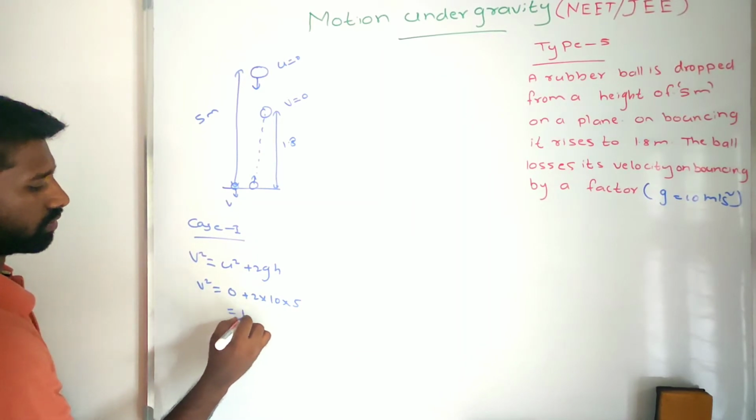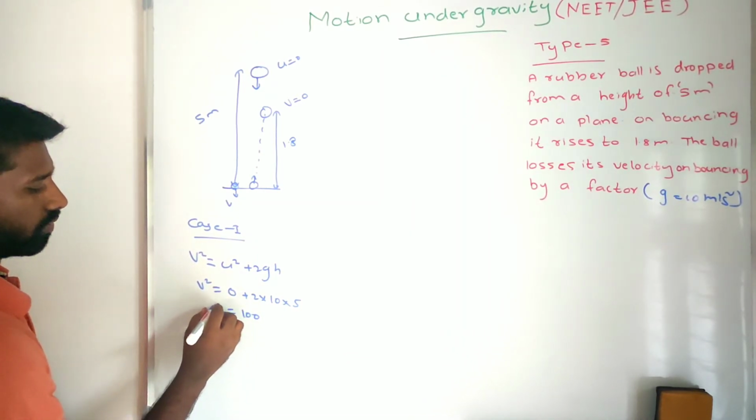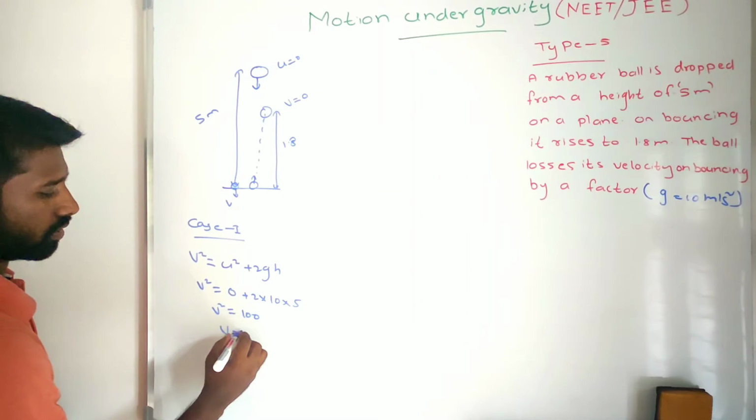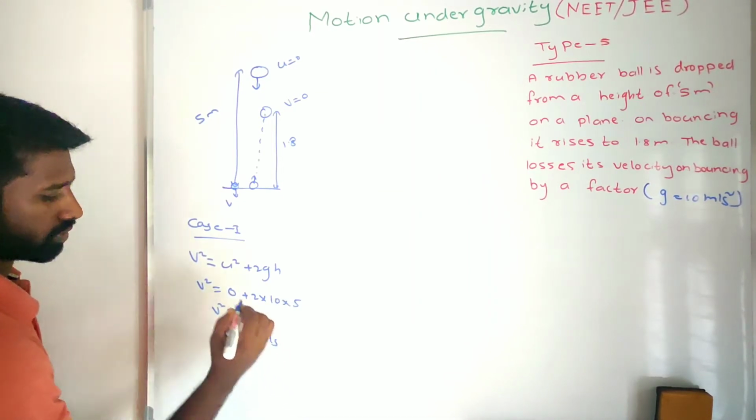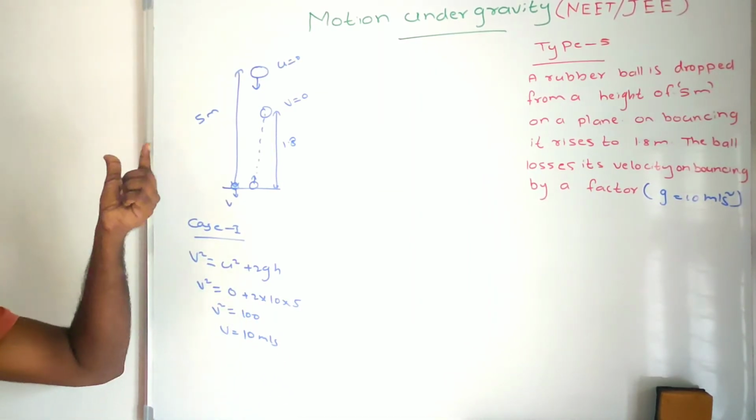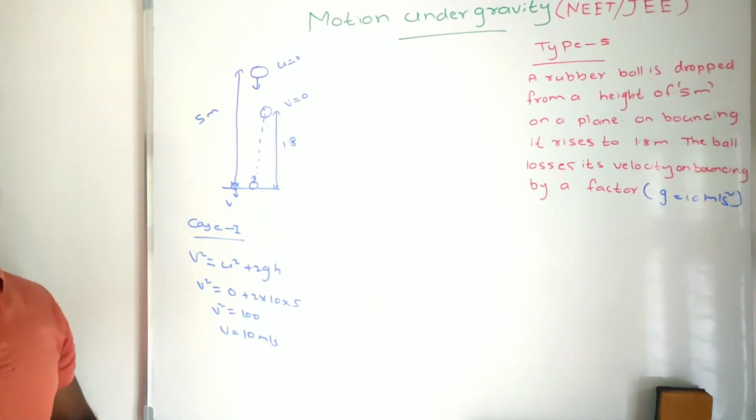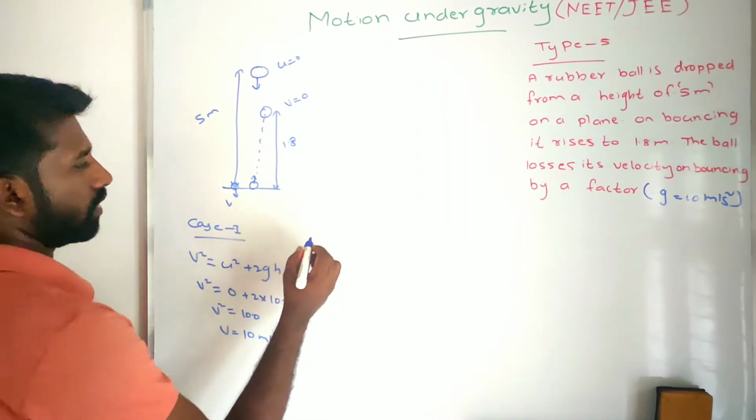So you will get 100 for v square. So v is equal to square root of 100, that is 10 meter per second. So with 10 meter per second, this ball strikes the ground. This is about the case 1.